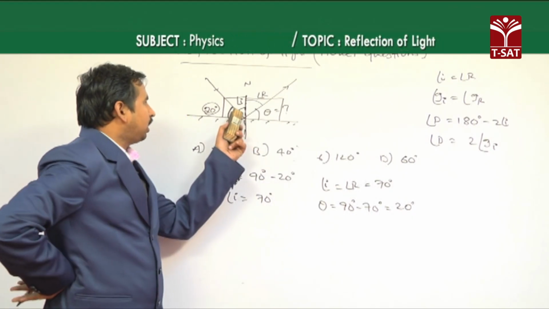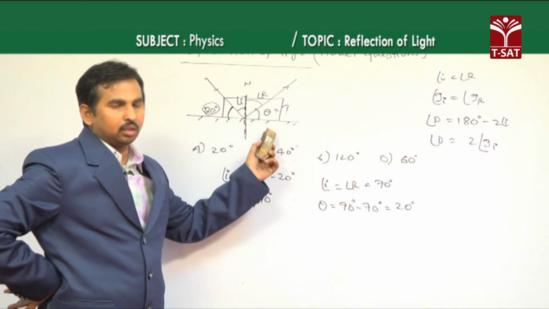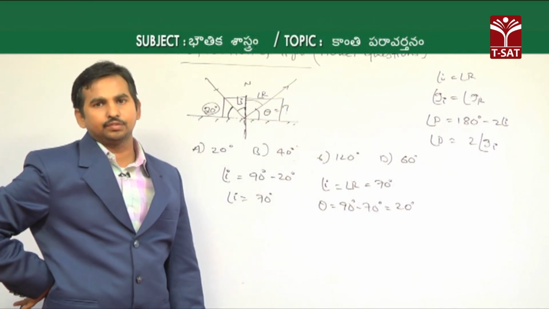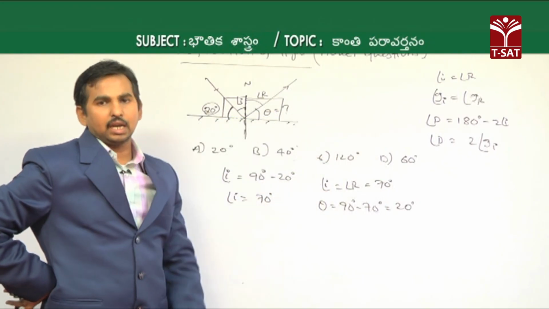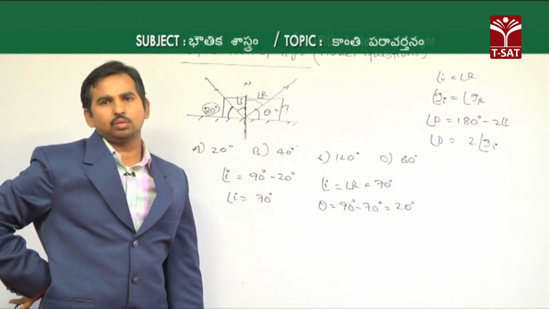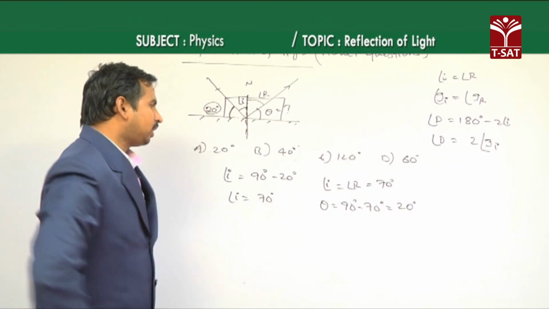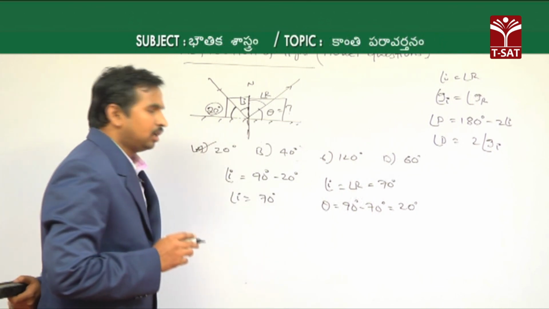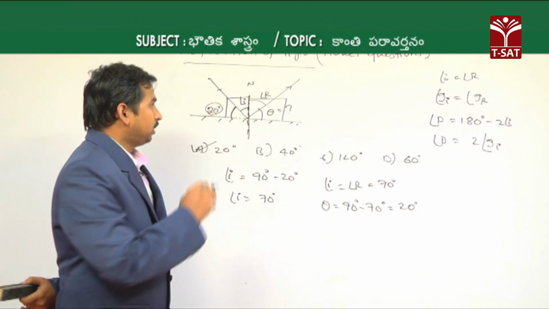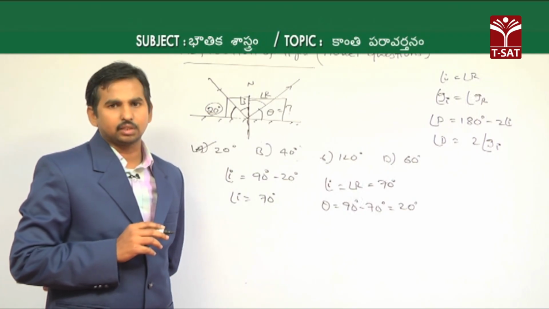This angle we call the glancing angle of incidence, and this angle theta is the glancing angle of reflection, since glancing angle of incidence is equal to glancing angle of reflection. So the final answer is A, the glancing angle of reflection theta equal to 20 degrees.